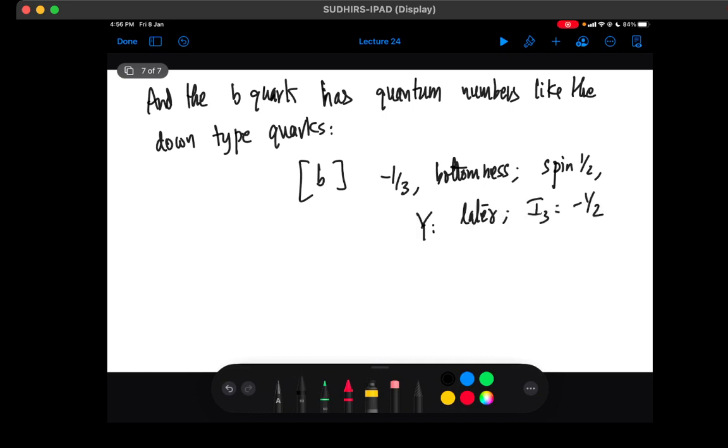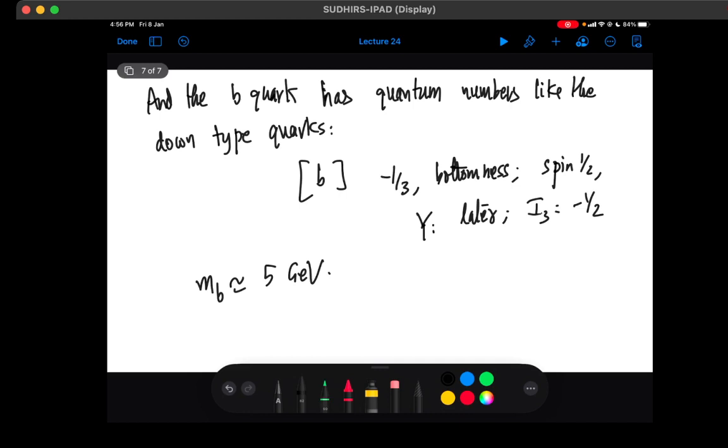Now the b quark mass is pretty large, around 5 GeV. All the masses we have seen so far are around, let's say, tens of MeV. Up and down type quarks are essentially around tens of MeV. The strange quark is around hundreds of MeV.